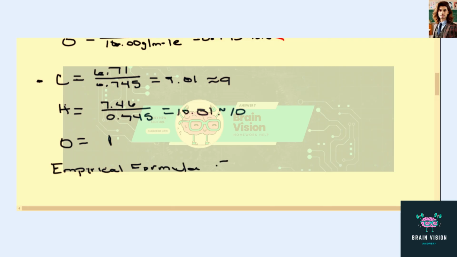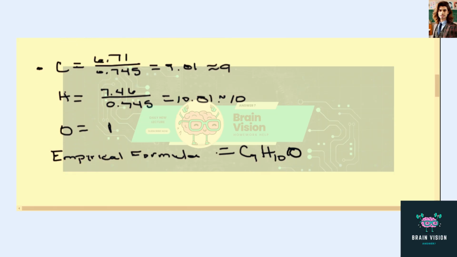Okay, so that's the empirical formula. We don't want the empirical formula, we want the molecular formula. So the molecular formula is the empirical formula times something, some n value, multiplying the subscripts. And so we need to find what that multiplier to the subscripts is.